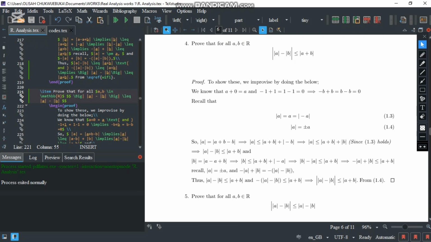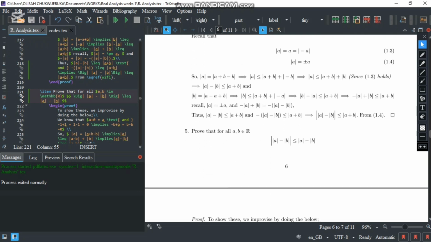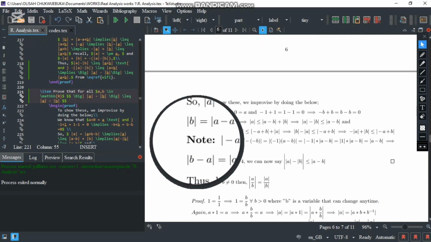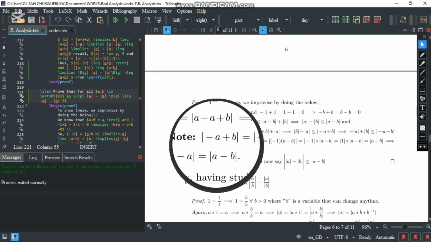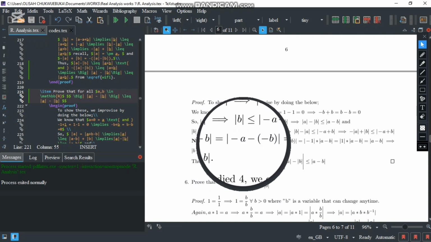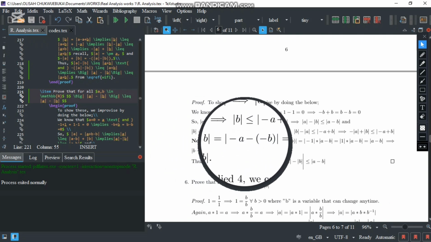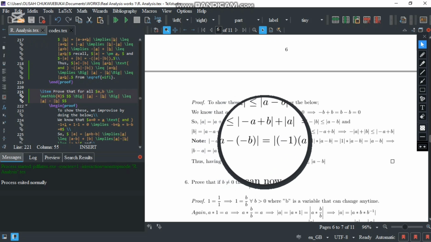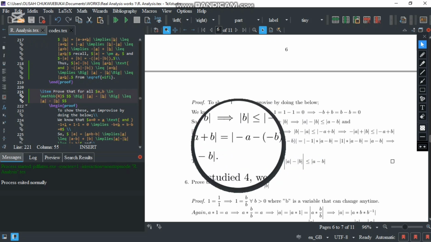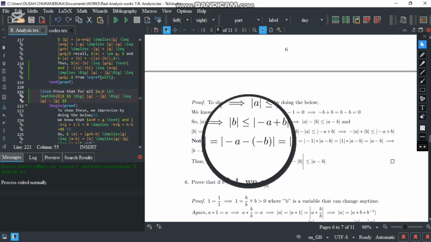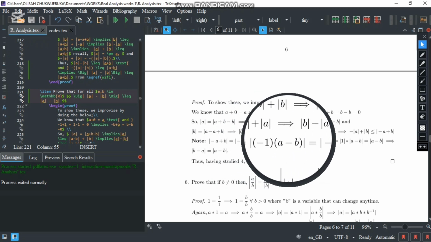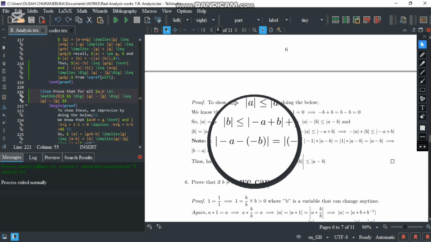Okay, I have not solved it. Look at here. Note, the absolute value of negative a plus b is equal to the absolute value of negative a minus negative b, which they have something in common, and what they have in common is minus 1. So bring minus 1 outside. When you bring minus 1 outside, you observe that what we have here now is a minus b.